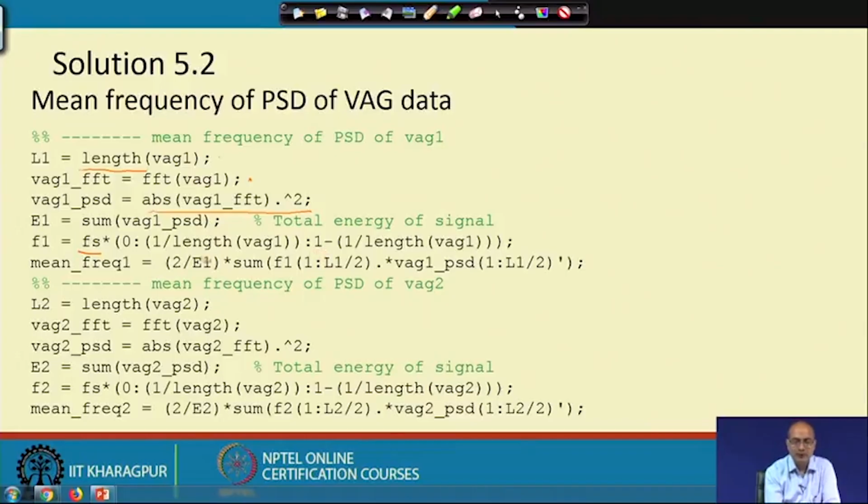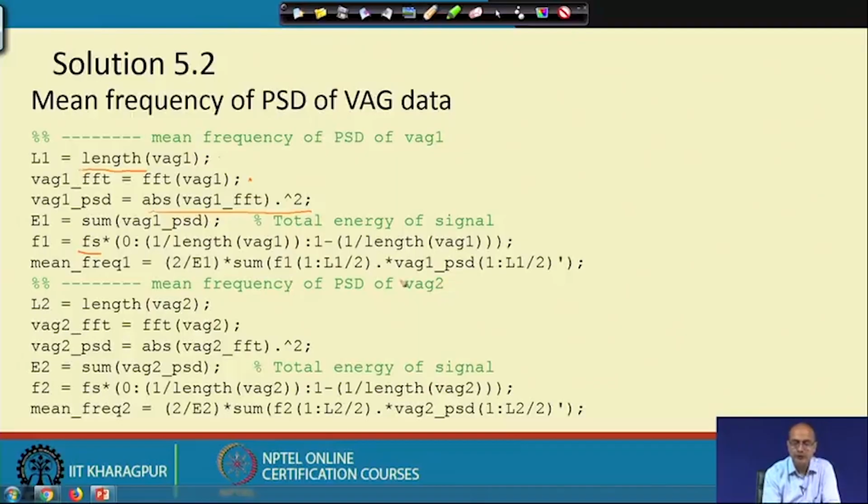So, 1 minus 1 by that count, it will give us the same number of samples, that frequency axis. Okay. We are going in an increment of 1 by the length. So, here this is the full length of the frequency axis, and we are taking the sum for half of it. Okay.